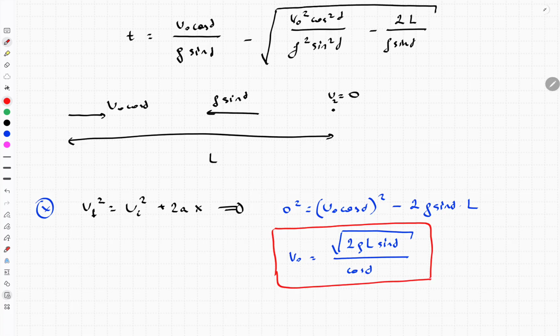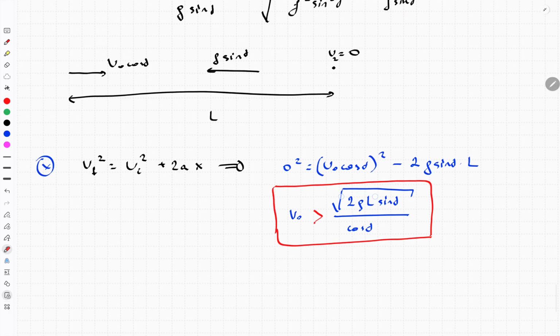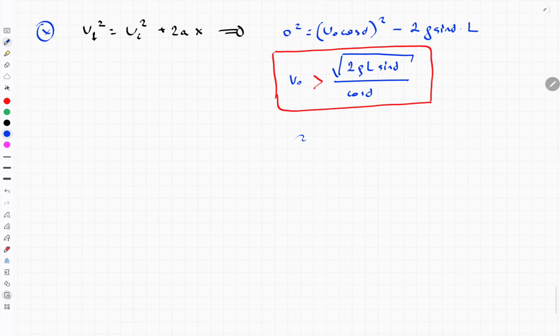So if initial velocity v0 is bigger than this value, then our answer will be this one. It will reach the end, because this solution is when it reaches the second end. So what if initial velocity is smaller than this value?